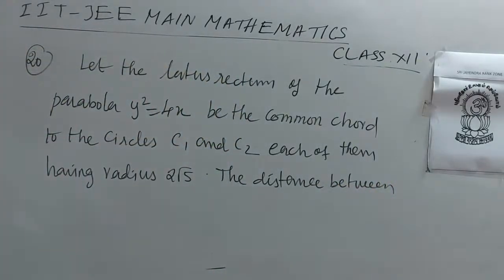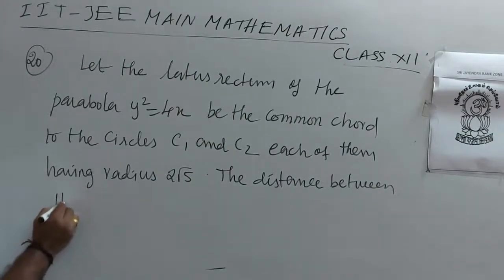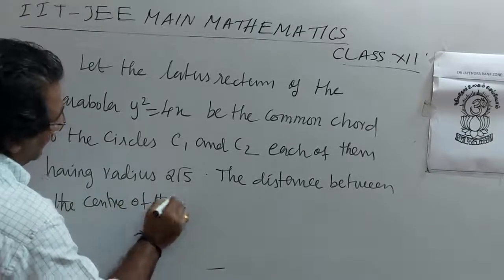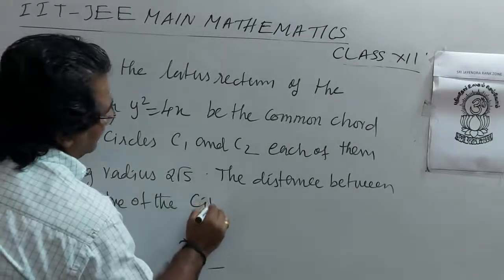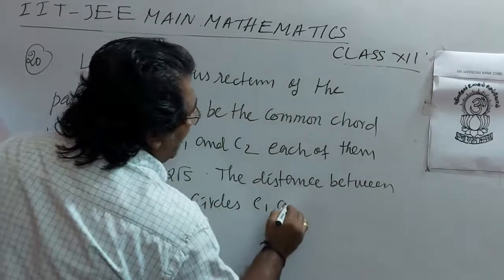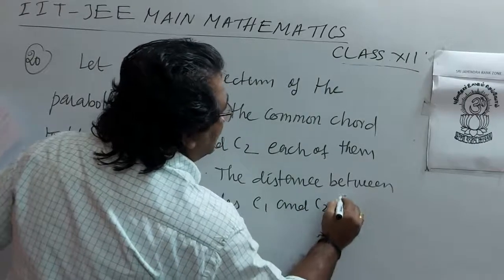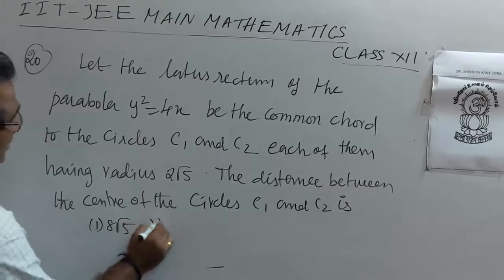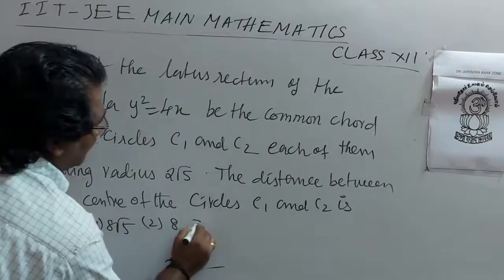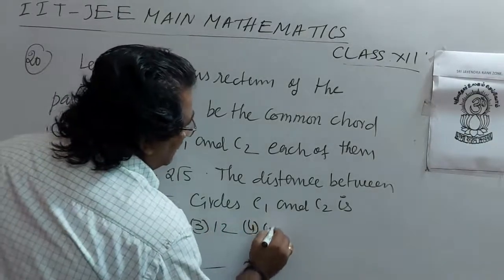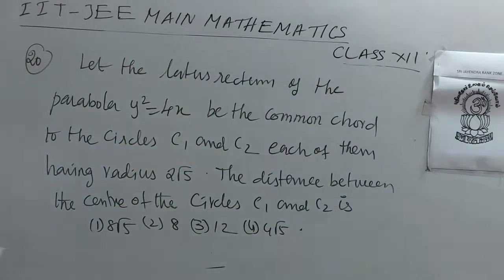The distance between the centers of the circles C1 and C2 is: option A, 8 root 5; option B, 8; option C, 12; option D, 4 root 5.